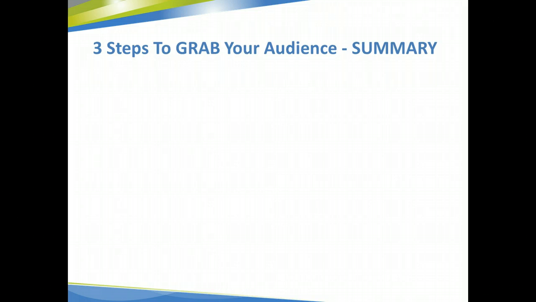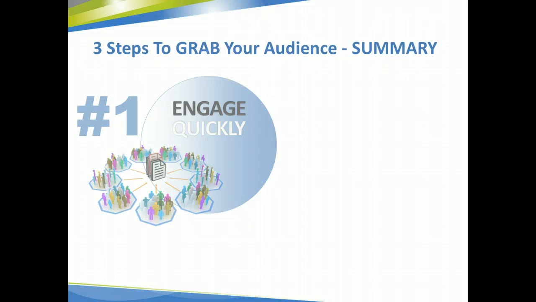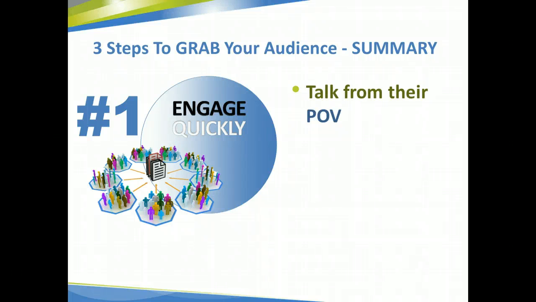So here's where we've finished off, taking a quick look at the first step of our three-part formula. How do you grab your audience? Well, the very first thing you do is you engage them. You get them interested in what you have to say by talking from their point of view.